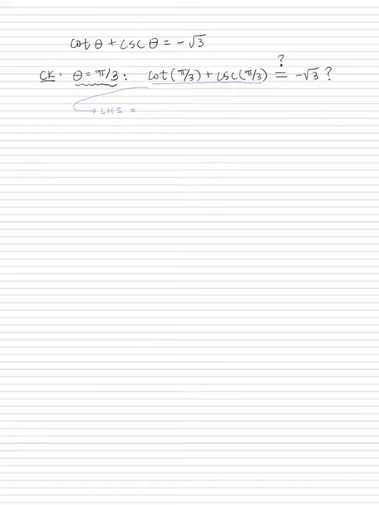Okay, so cotangent is cosine over sine. And cosecant is 1 over sine. All right, just write that in big black equal sign. Then cosine of pi over 3 is 1/2.